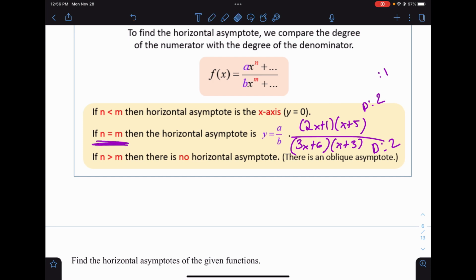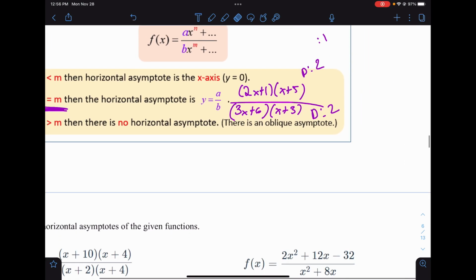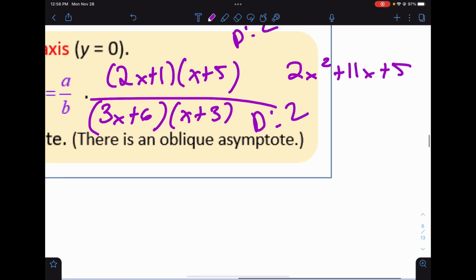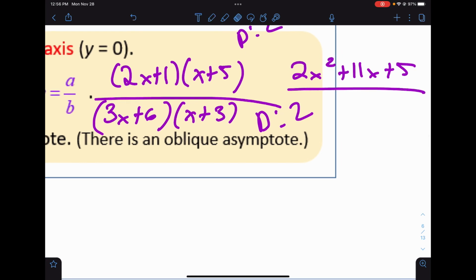When that is the case, what you need to do is get it into standard form, and you look at the leading coefficients, okay? So if we FOIL this out, we get 2x squared plus 10x plus 1x, which would be plus 11x, plus 5 on top, and then on the bottom, we would get 3x squared, and then we get 9x and 6x, which would be 15x, plus 18. So I just multiplied those out.